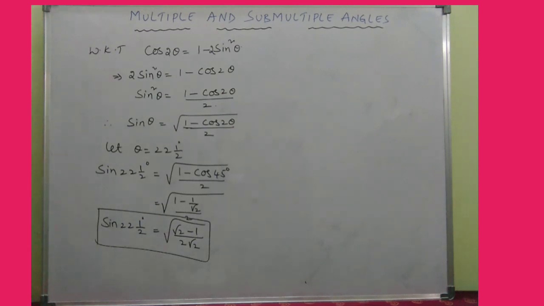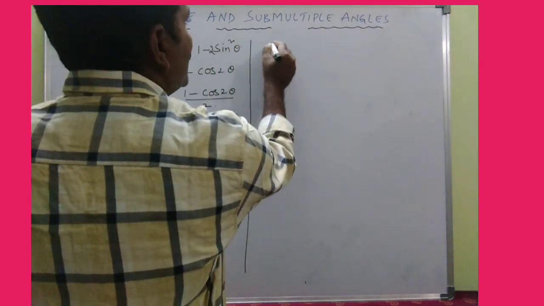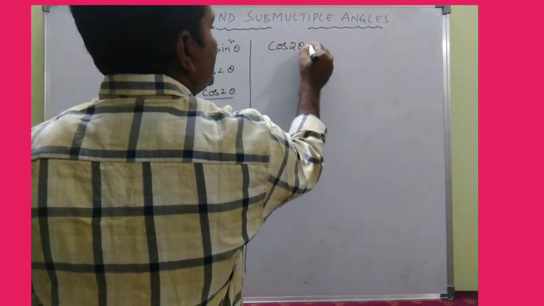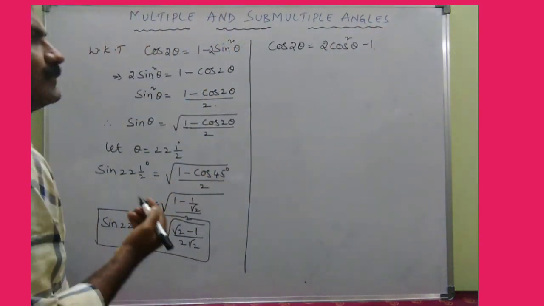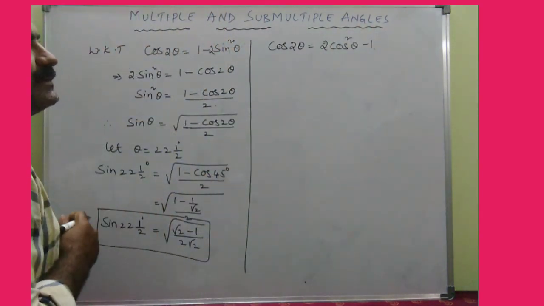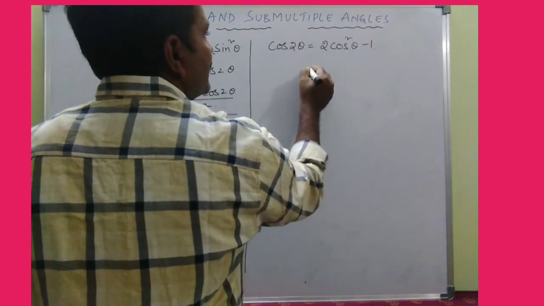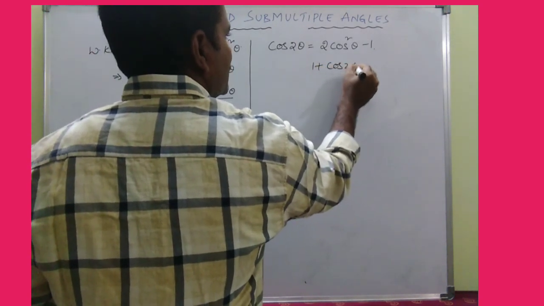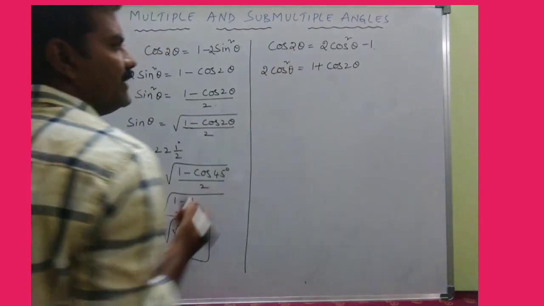Now, in the same manner, let us find the value of cos 22.5 degrees. We also know that cos 2 theta can be written as 2 cos square theta minus 1, isn't it? So from this, let us derive the formula for cos theta. If I bring this minus 1 to this side, 1 plus cos 2 theta is equal to 2 cos square theta, right?